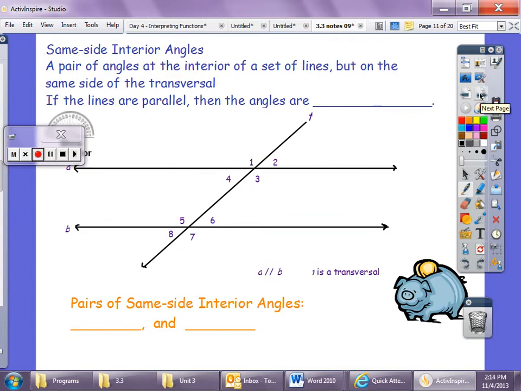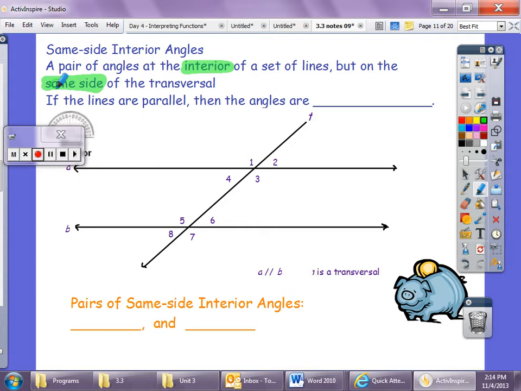The same side interior angles. A pair of angles on the interior of a set of lines. So they're on the interior of a set of lines, but on the same side of the transversal. So they're on the inside, but on the same side.